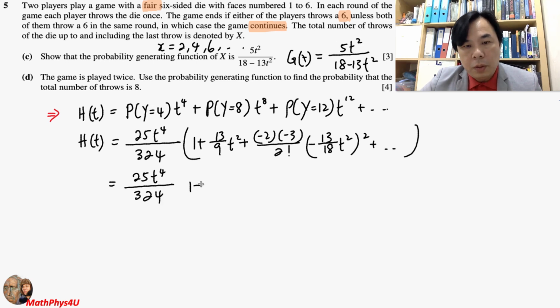okay, so from here we have 13 over 9. And then of course in this case we have like we have a 3 in this case. Is it a 3? Yes, correct, it's a 3. I just write down 169 there. 324 t^4.